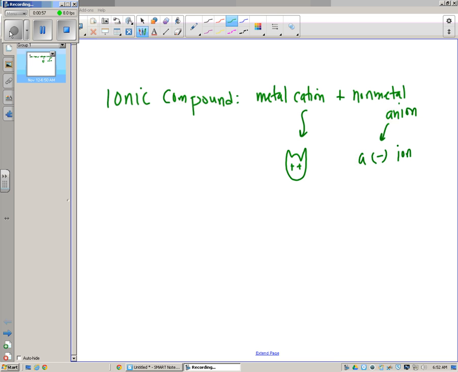And they're held together by what's called electrostatic attraction. That means opposites attract. And because you have a positive and negative, they're held together to create an ionic compound.